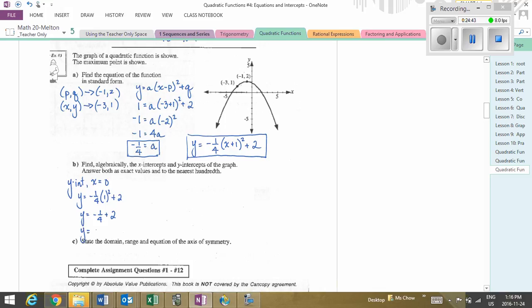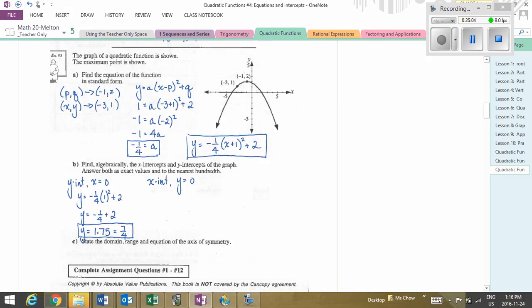Y is equal to 1.75. You could also write, of course, 7/4. So this would be to the nearest hundredth, and both are exact values. So there's my y-intercept.